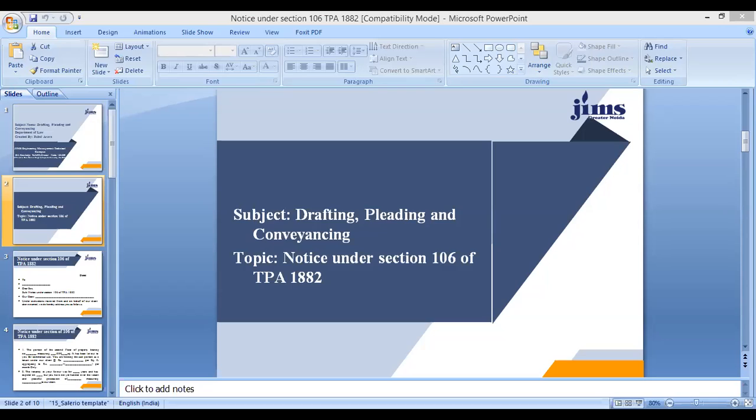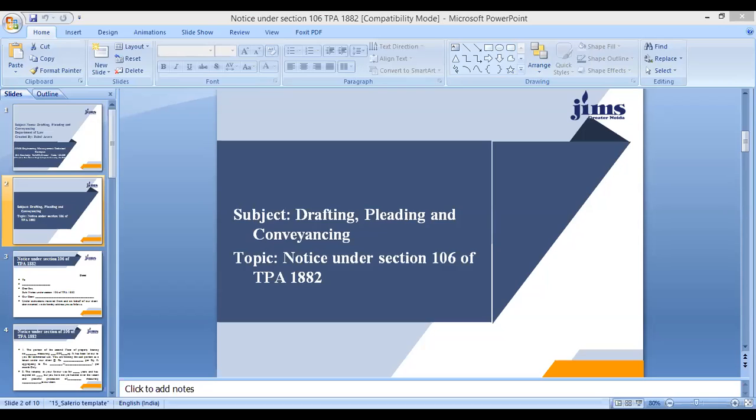Meaning thereby, in the case of an agricultural lease, or for manufacturing purpose, a 6 months notice needs to be given. Further, if it is a lease of an immovable property for any other purpose, then it shall be deemed to be a lease from month to month, terminable on the part of both the parties by giving 15 days notice.